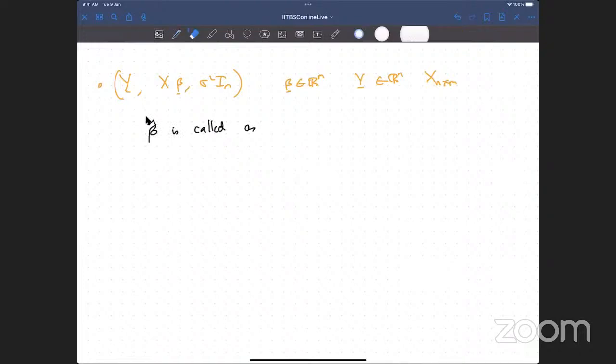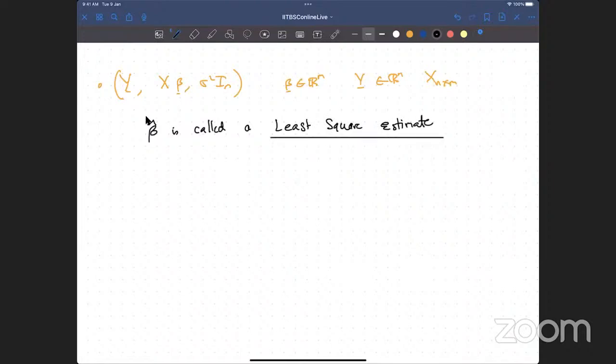So now I say that a vector beta hat is called a least squares estimate of the vector beta if the following happens. Among all possible estimates, this minimizes the distance from X beta to Y, so Y minus X beta.